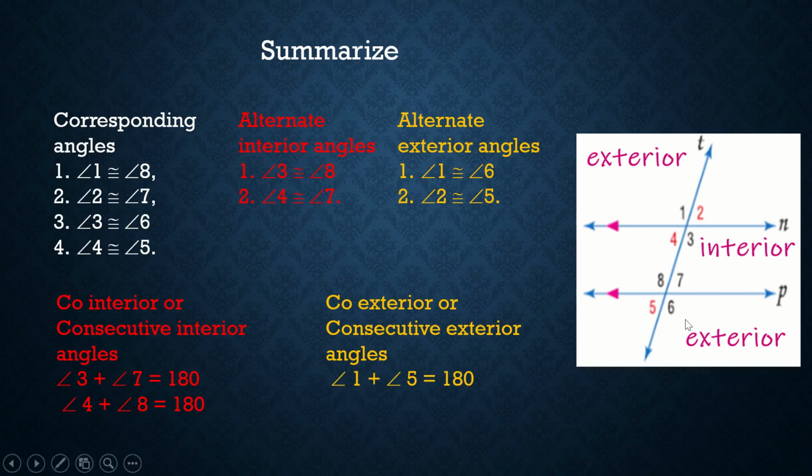Angle blank plus angle 6 is equal to 180. So which is that angle? When I add it with angle 6 it will be 180 as per co-exterior angles. Very good. That is angle 2.